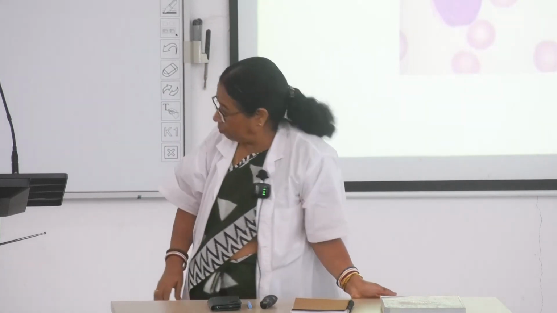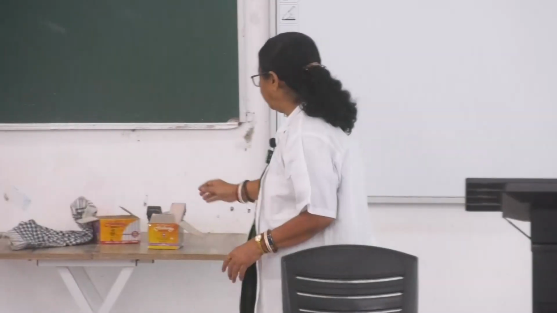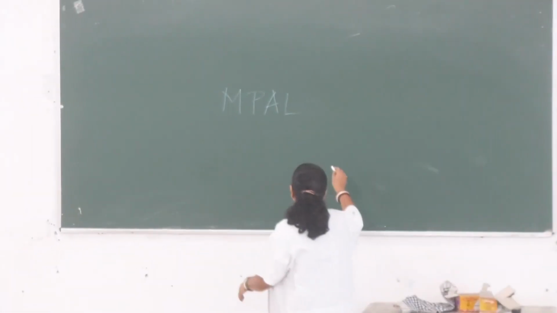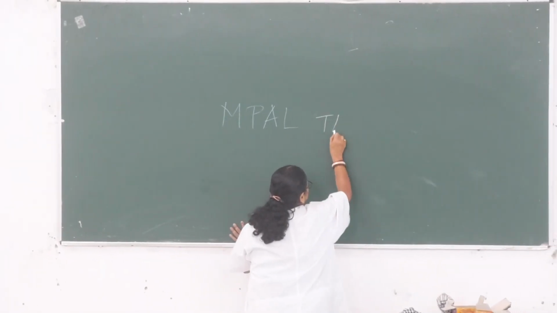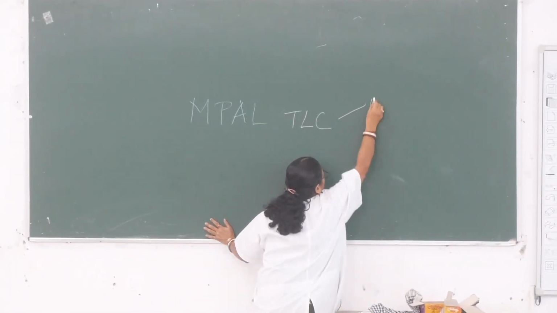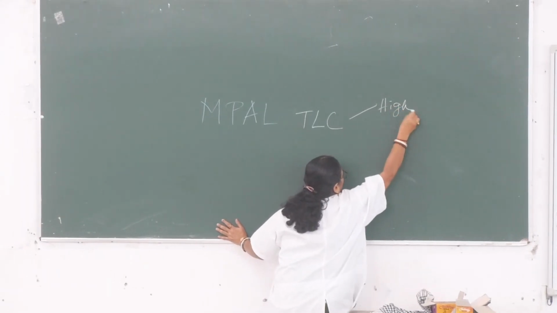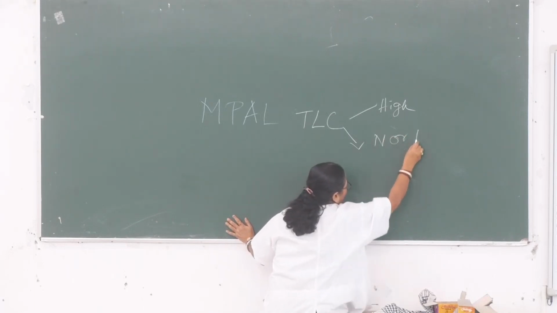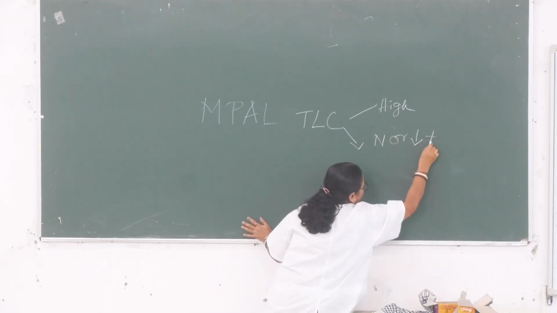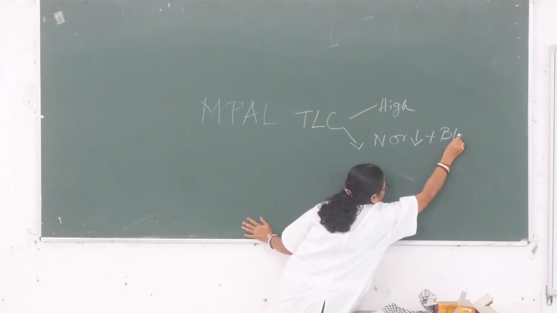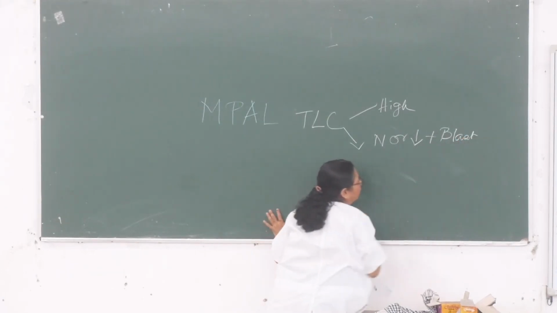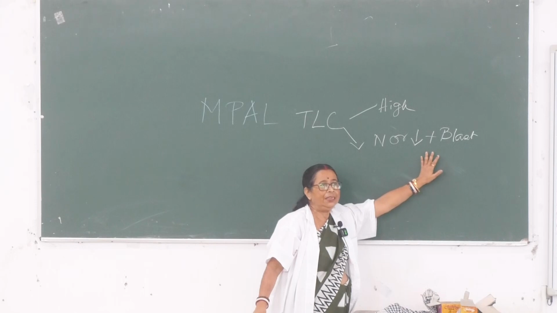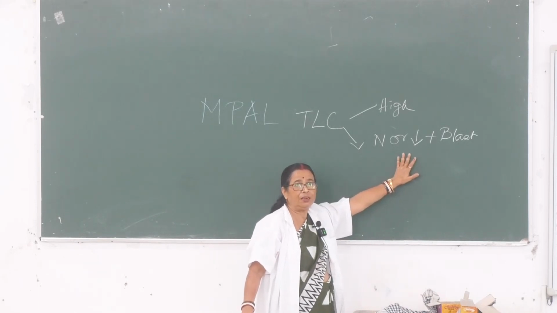Low count: TLC, total leukocyte count, high clear cut, normal or low plus blast, পরীক্ষায় ধরবে blast, normal count অথবা low count but blasts are there, it is called subleukemic leukemia.